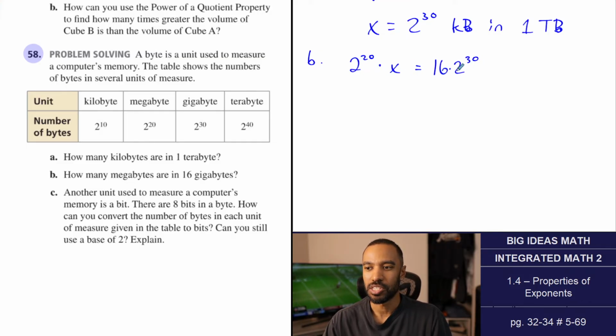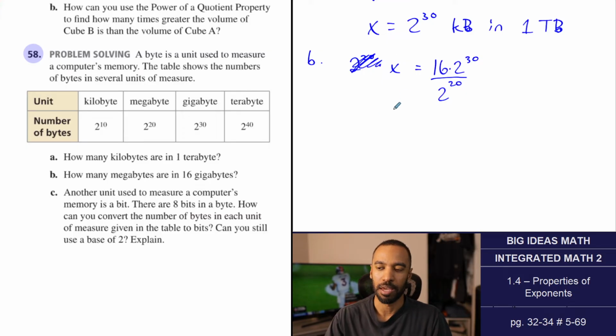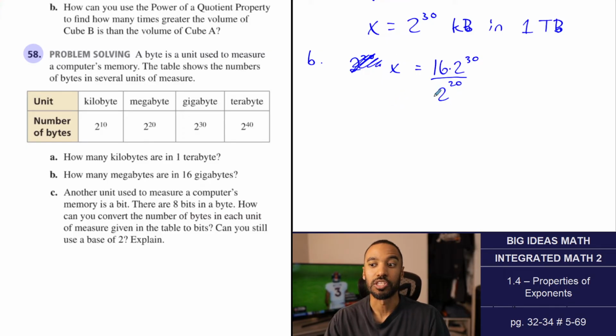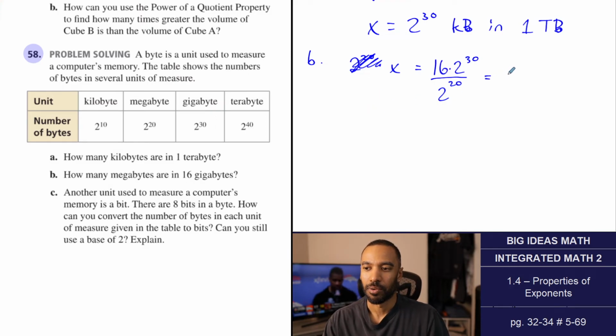So 16 gigabytes divided by 1 megabyte equals the number of megabytes needed. So that'll be 16 times 2 to the 10th.